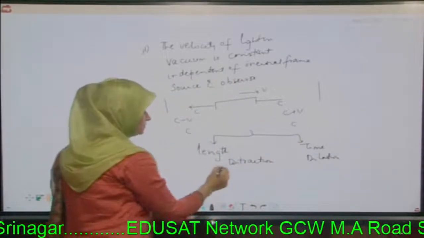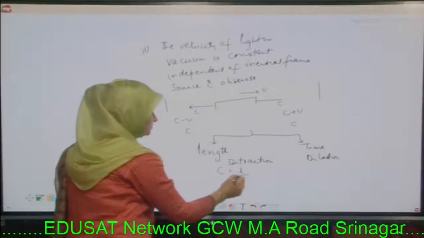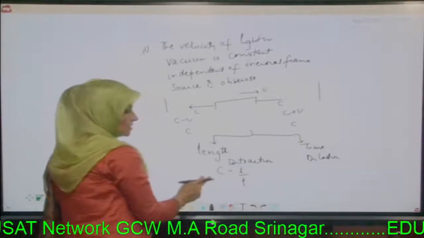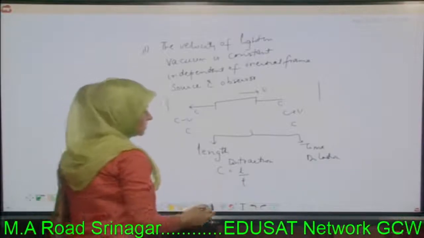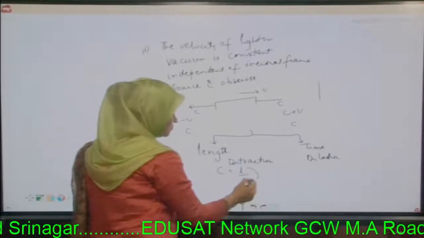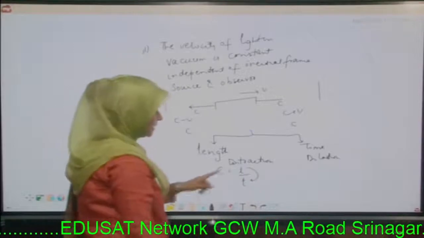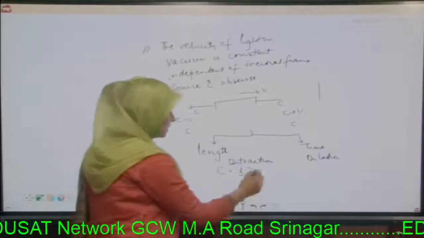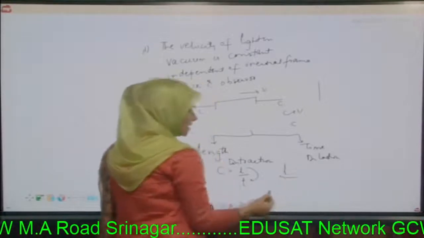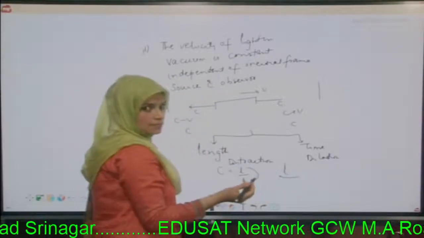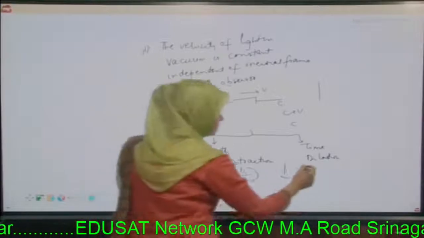One is length and another is time. If the velocity of light has to stay constant for all inertial frames in vacuum, that essentially means that length and time will have to change proportionately. If length contracts, time has to dilate. Now this length contraction implies that for an observer for whom the object is moving, the lengths will appear smaller.